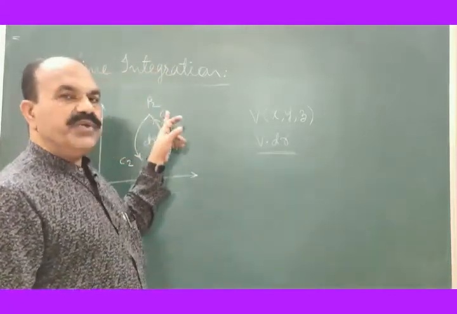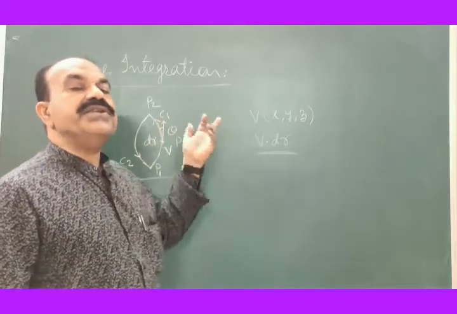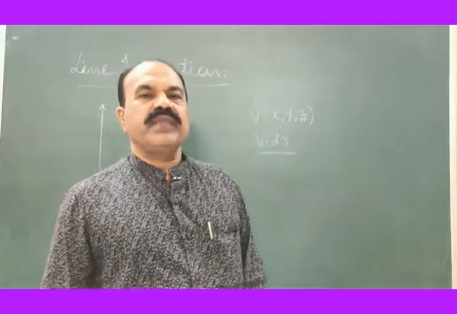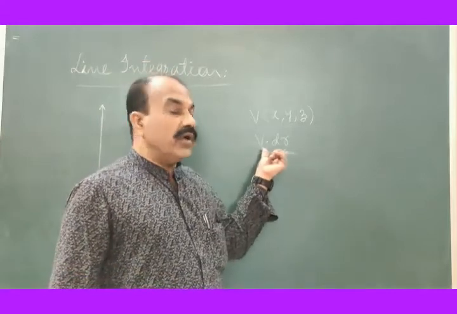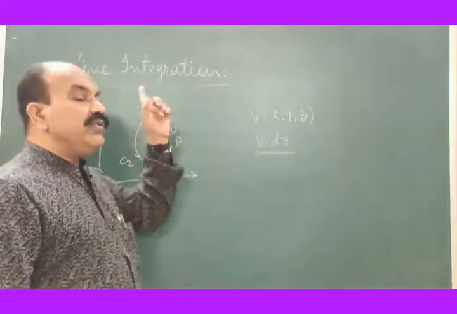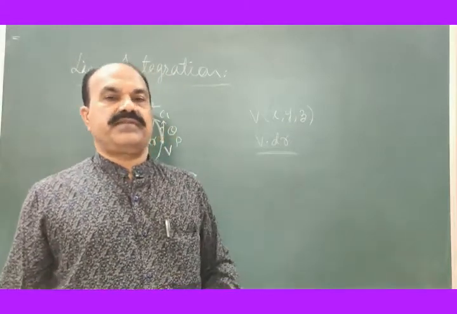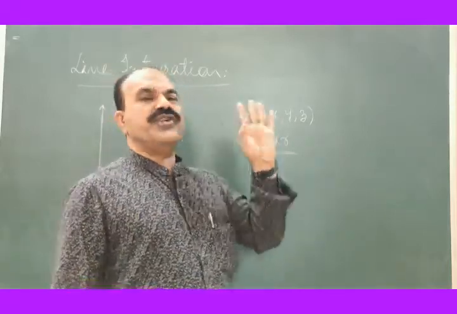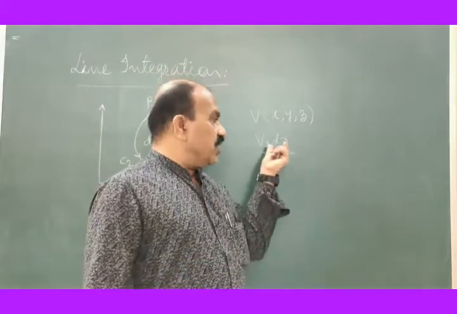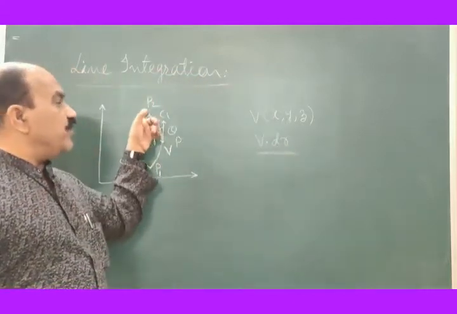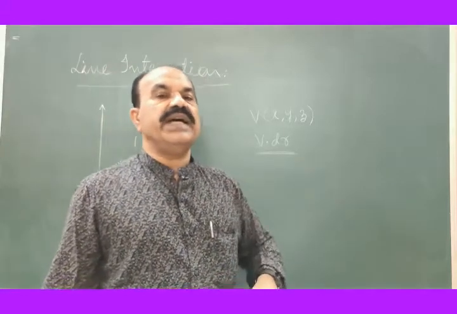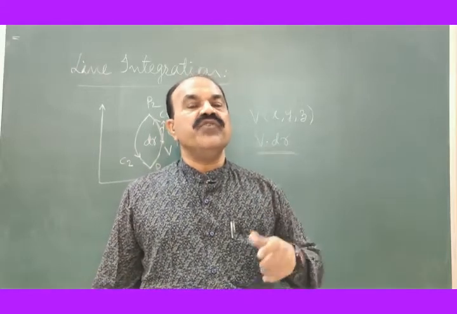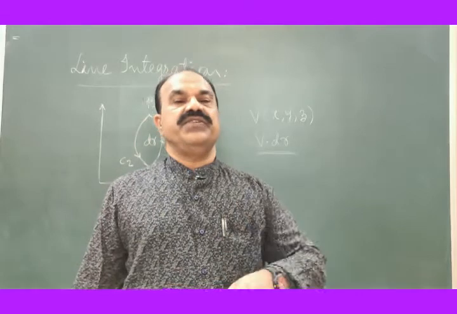The sum of all such values from P1 to P2 is known as the line integration of the vector point function V along the curve C1.